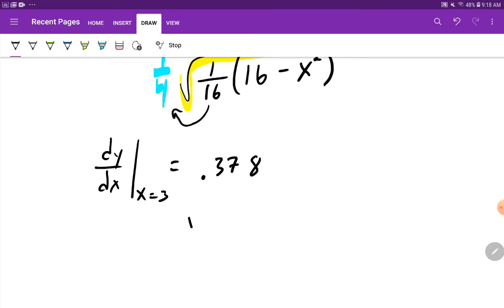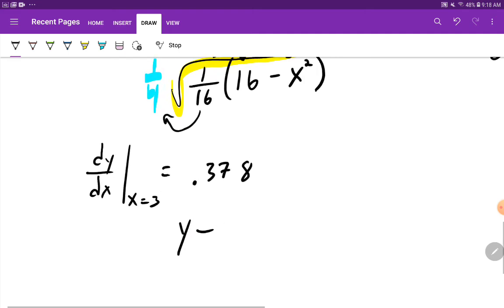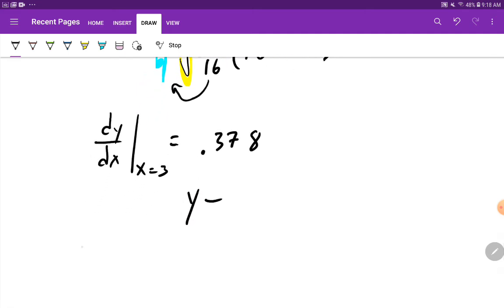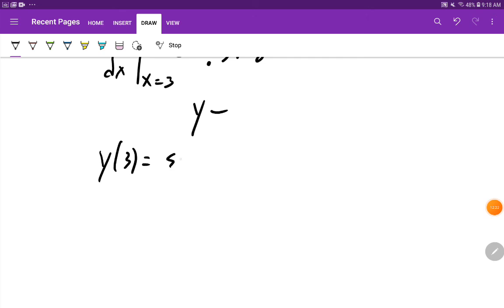There's my slope. I go y minus, so I got to see what pops out when I plug in 3 into my function now. So my y of 3 is equal to sine inverse of 3 over 4. I'm just going to punch that into the calculator real quick.